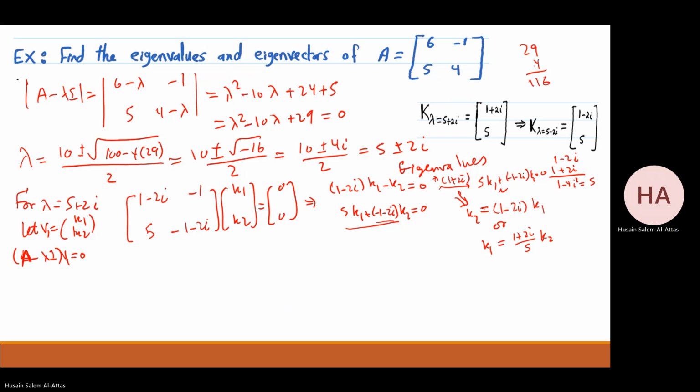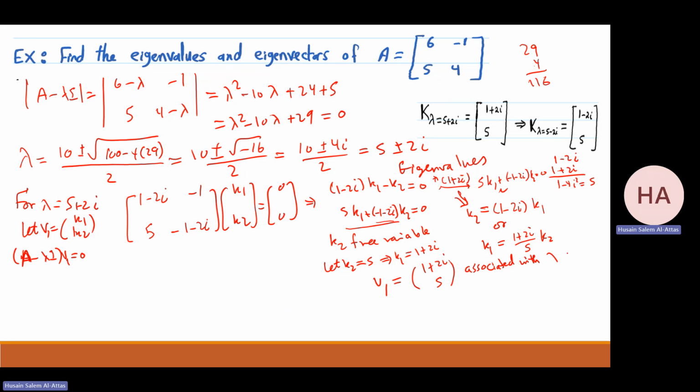And this is what he did. So now k2 is a free variable. Both are correct. Do it the way you like. So I let k2 equal 5. What will be k1? 1 plus 2i. So v1 will be 1 plus 2i with 5. This is associated with lambda equal 5 plus 2i.